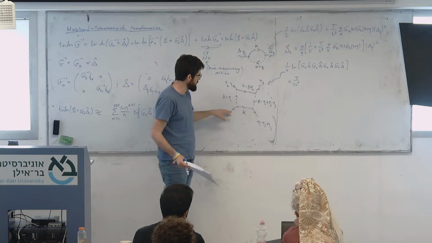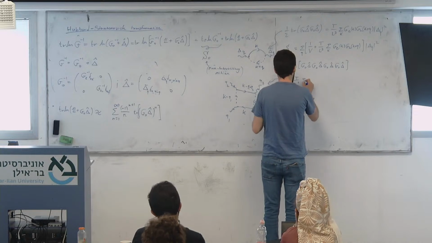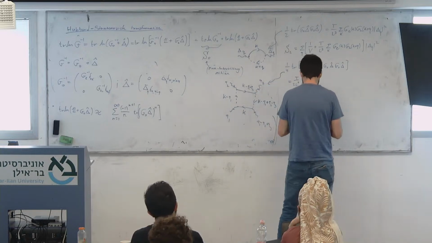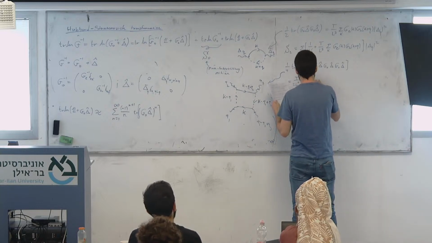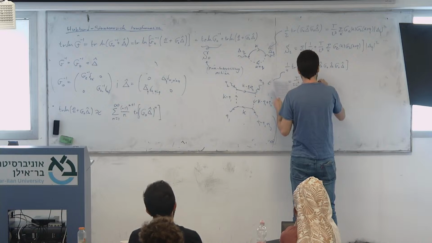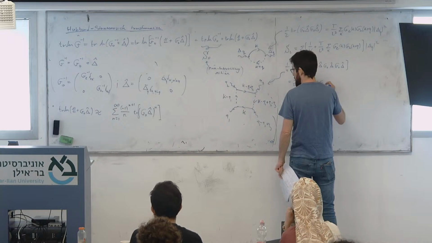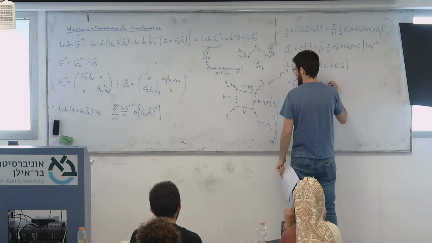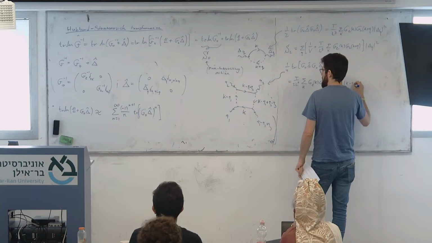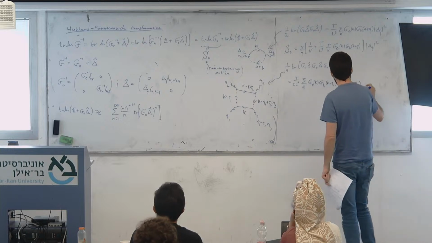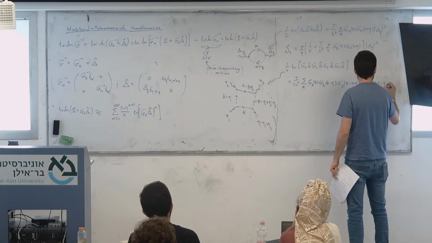So why does it help to do these diagrams? Because now you can balance everything, and you can just write this thing as a sum over some K. And then we're going to have G electron of K, G hole of K minus Q1, G electron of K minus Q1 plus Q2, and then G hole of K minus Q1 plus Q2 minus Q3.